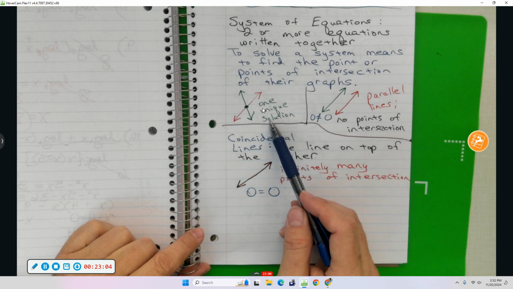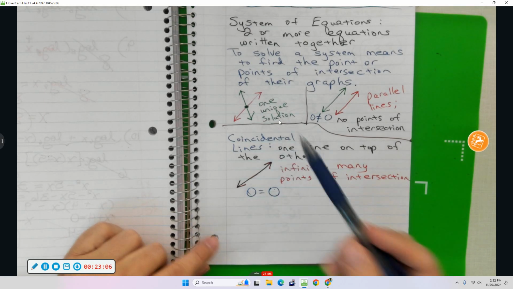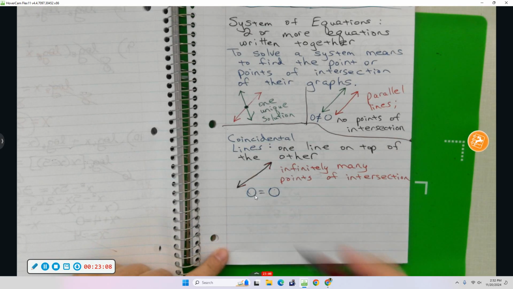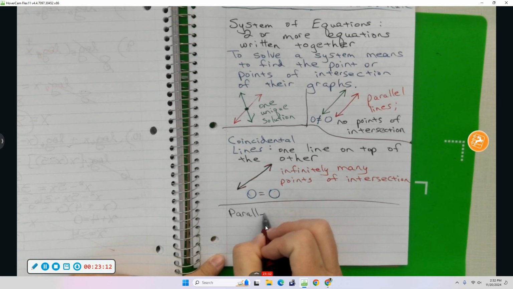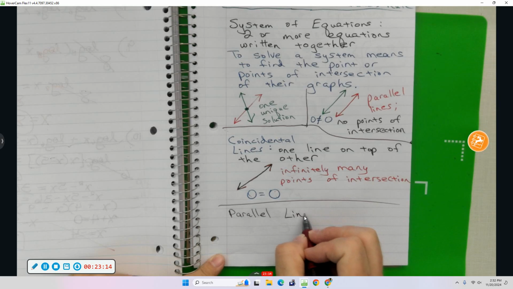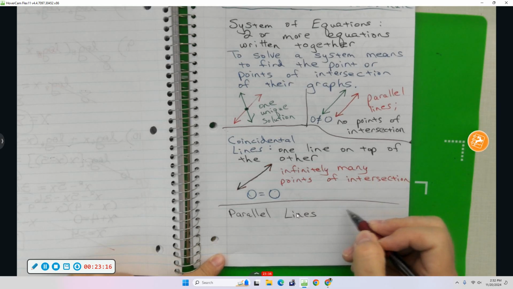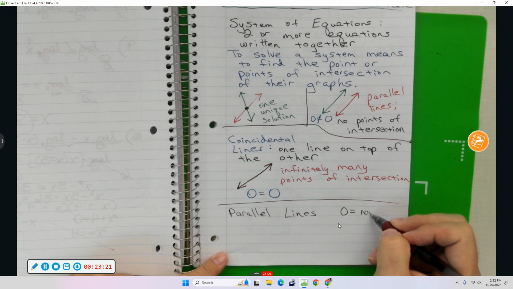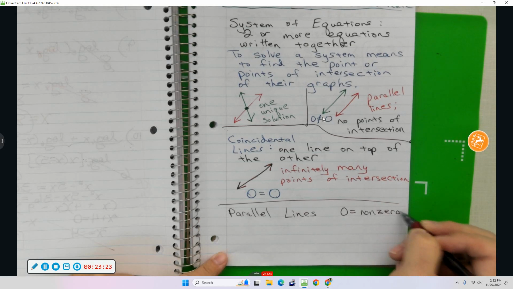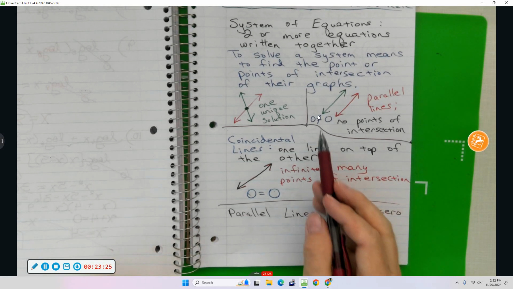One unique solution, the most common situation. Parallel lines: you wind up with 0 equals a non-zero. It's not equal, like 0 equals 0.